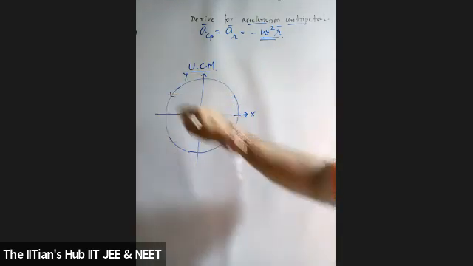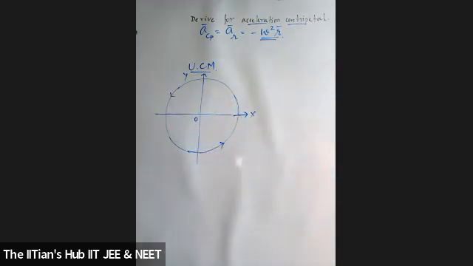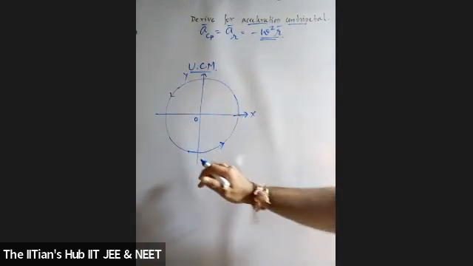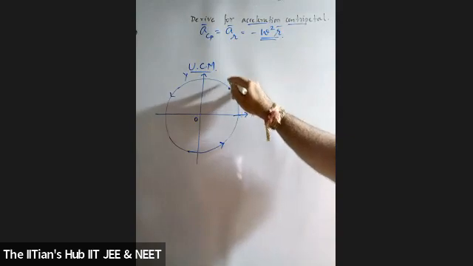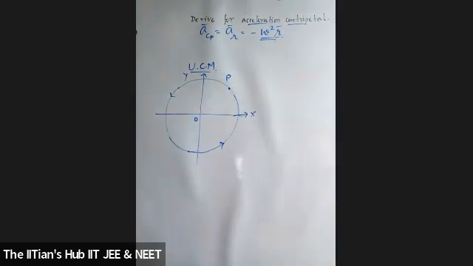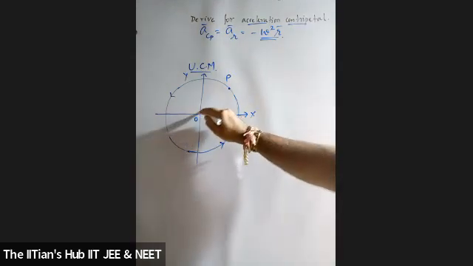Since the particle is performing circular motion, where is the position vector I'll consider? Let us say the particle is initially at point P, and it's forming an angle, students.